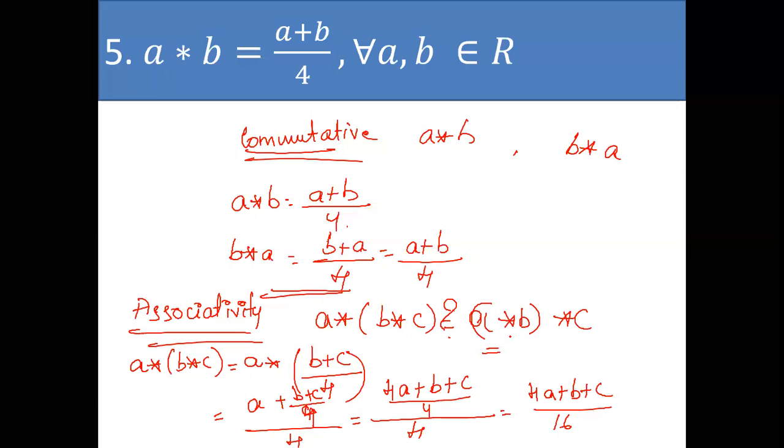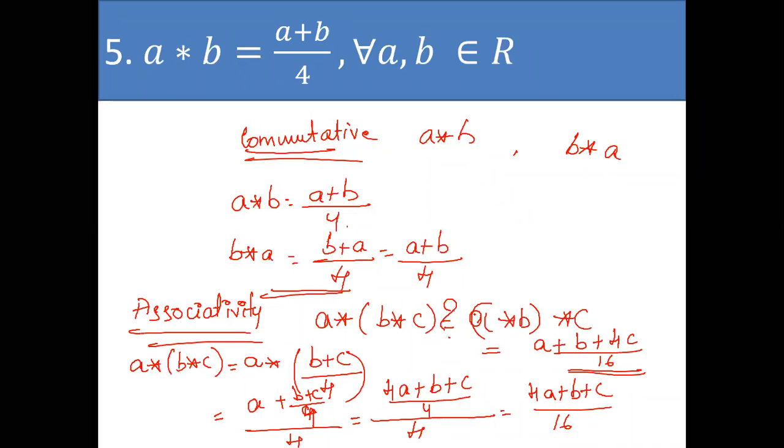Then what is (a star b) star c? First apply to a star b. So what answer will you get? You'll get it as a plus b plus 4c divided by 16. Hope this was clear.